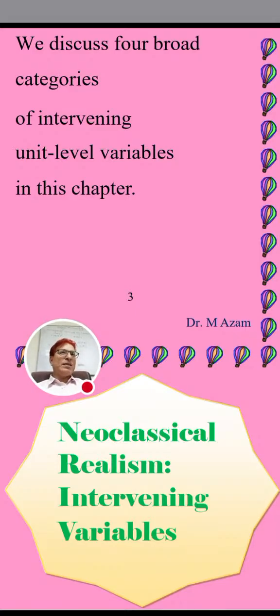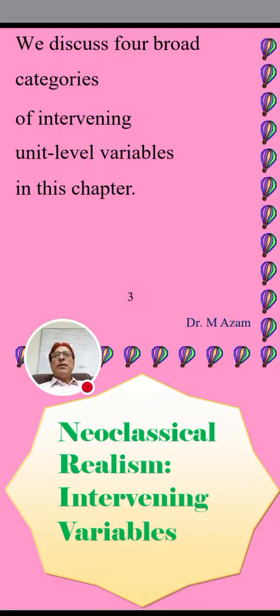So we can say the higher level of skills or more knowledge can be taken as the intervening variable. Higher education leads to more skills and more knowledge, and more skills and more knowledge lead to more income. This way you can understand independent, dependent, and intervening variables.